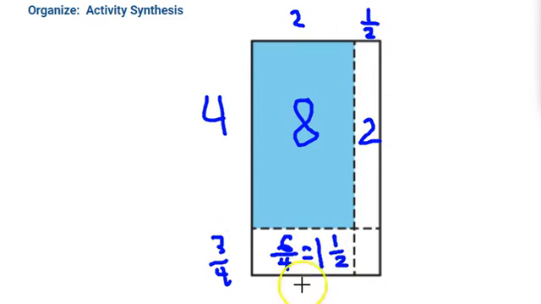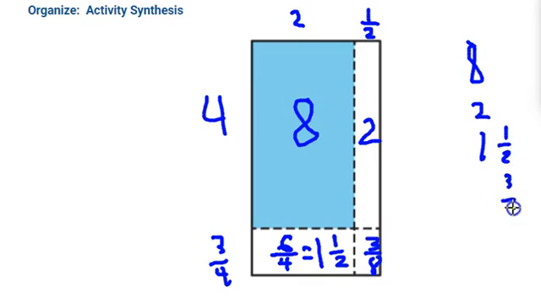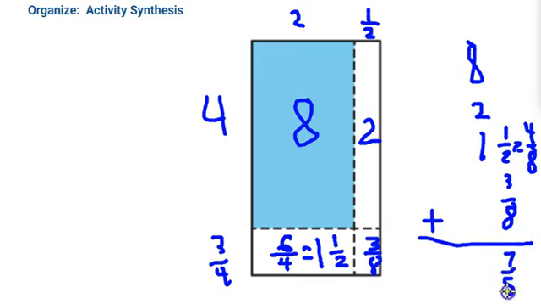And here we have 3/4 times 1/2 to give us 3/8 here. Okay, so if we add this all together, the 8, the 2, the 1 1/2, and the 3/8, we will indeed get our 11 7/8 because we're going to convert this to make 4/8, which gives us 7/8.